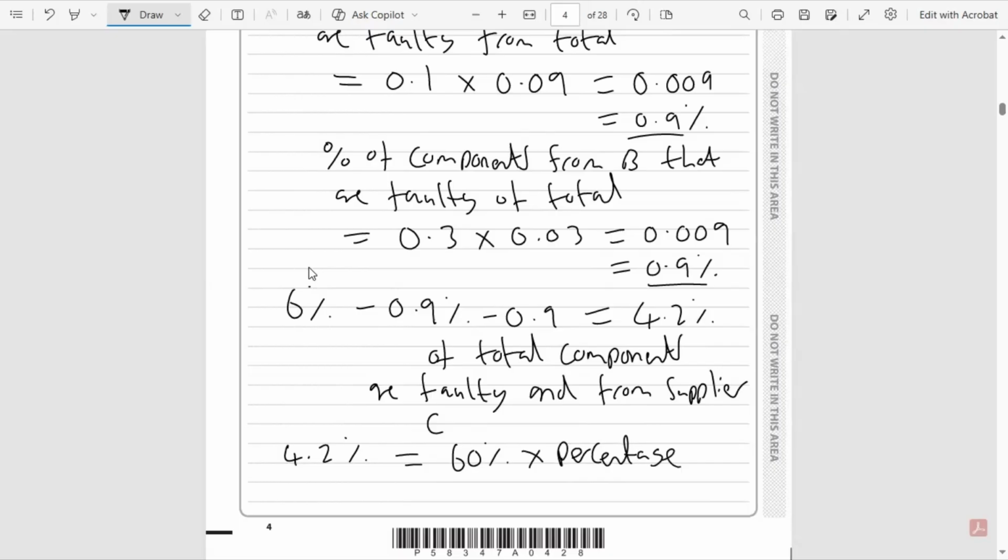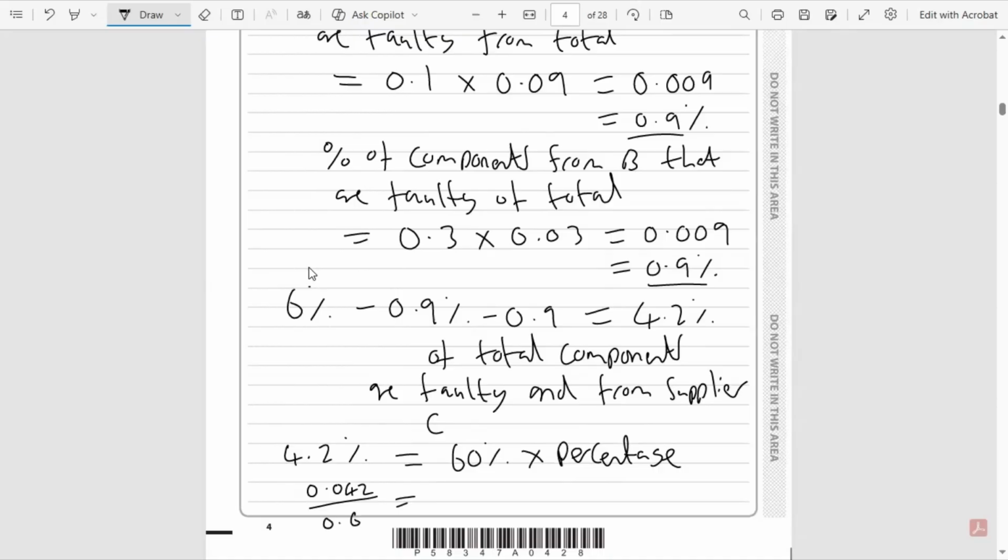So if we do 4.2% divided by 60%, in other words, 0.042 divided by 0.6, this will give us the answer to the question.